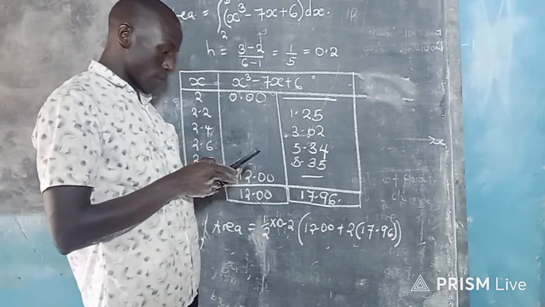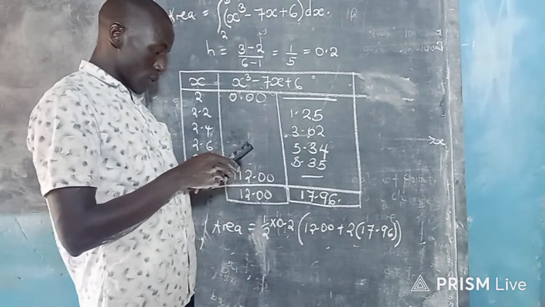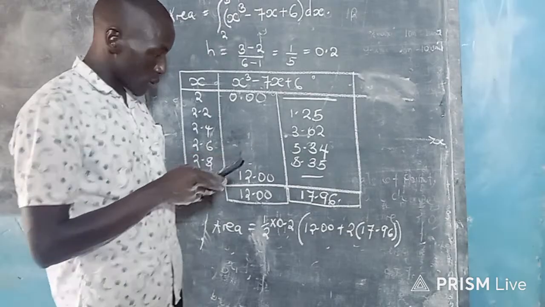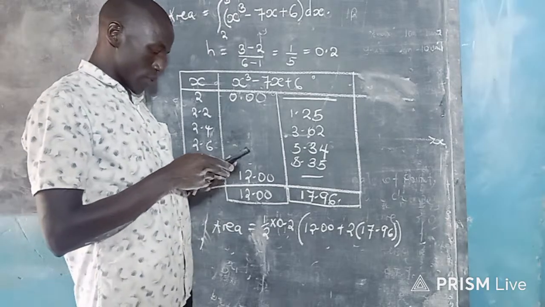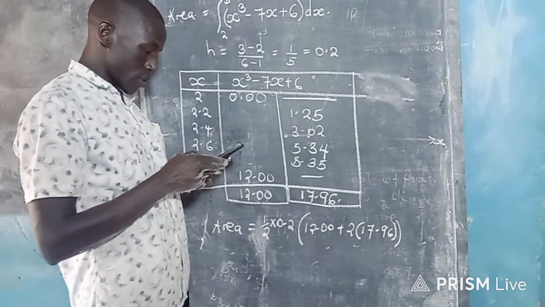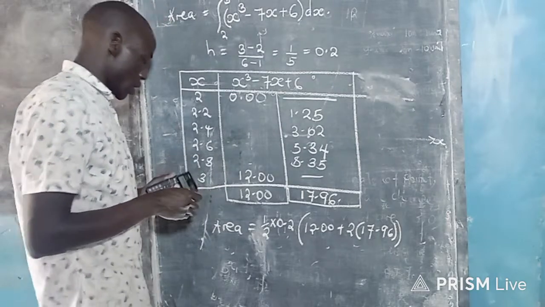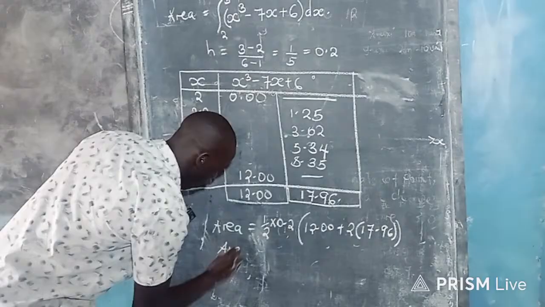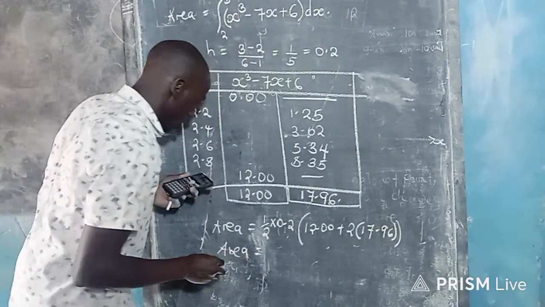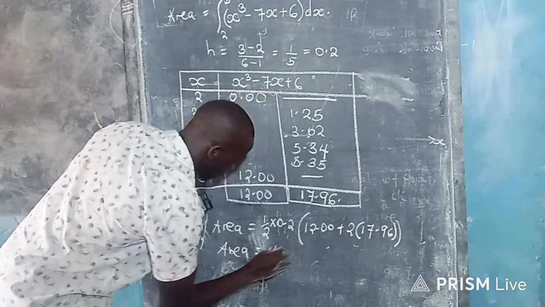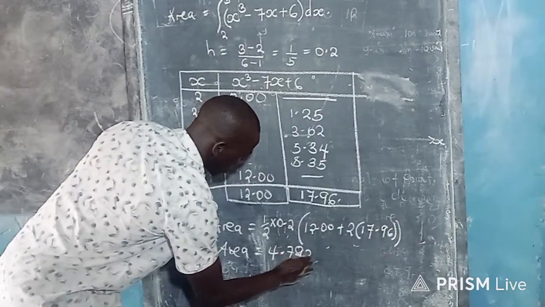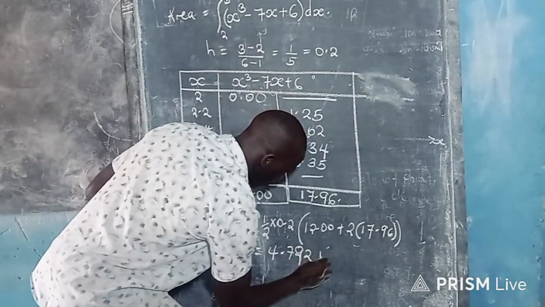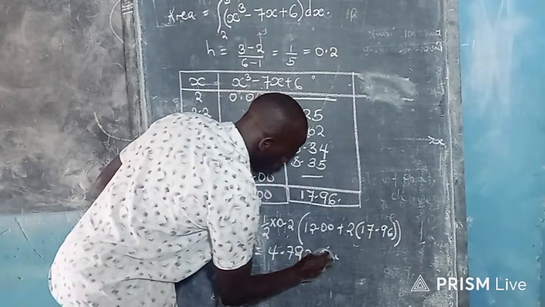So we'll have 0 plus 2 into 17.96 times 0.1. So this is our area. Here is 4.792 square units.